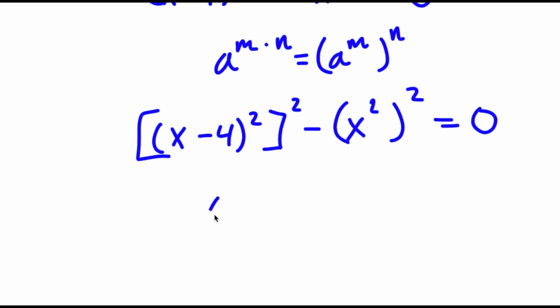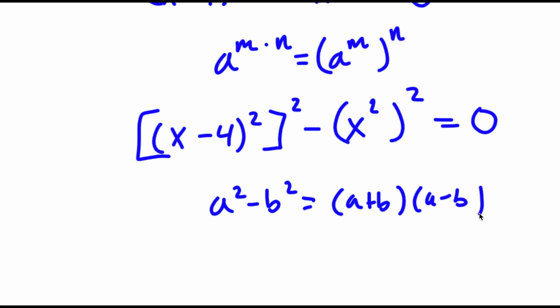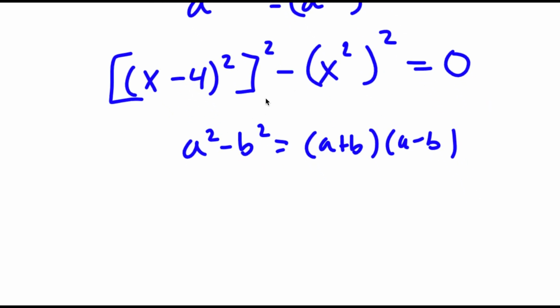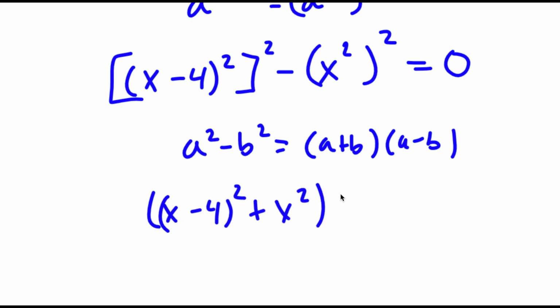Now if I have something in the form a^2 − b^2, this is equal to (a + b)(a − b). So ((x − 4)^2)^2 − (x^2)^2 is going to equal ((x − 4)^2 + x^2)((x − 4)^2 − x^2).